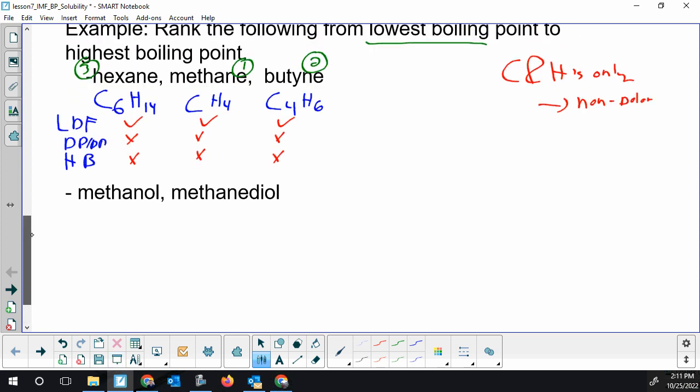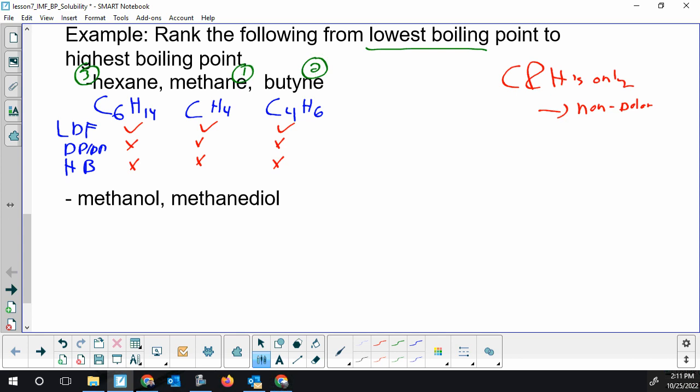My second ranking is only going to be between two molecules, methanol and methane diol. Now I'm going to draw these two to help us and then make that list again. Methanol is an alcohol. There's no number because it would have to be in the one position, because meth is just one carbon.